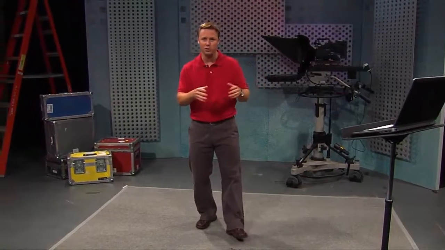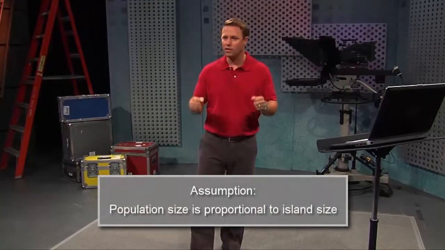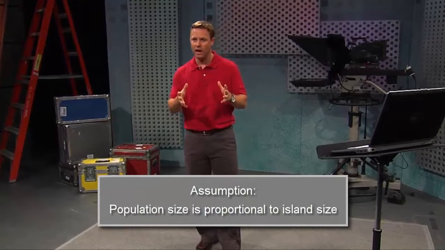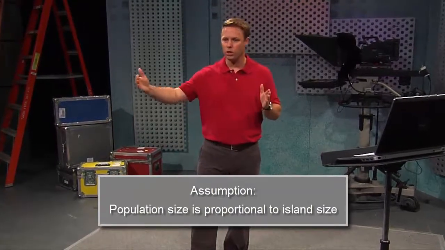So we're going to fold these into our model here, and we'll start with area. And when we start with area, there are a couple of assumptions we have to make in order to really build this into the model. The first is that population sizes, so the population size of an individual species on an island, will be proportional to island size, right?